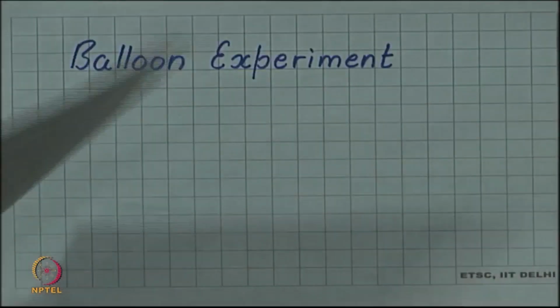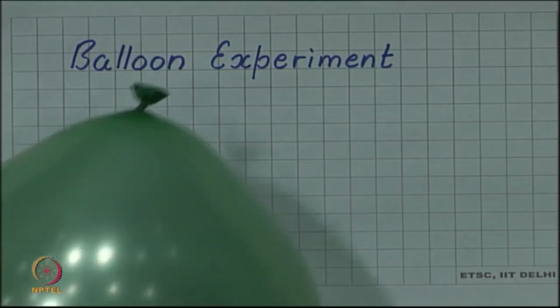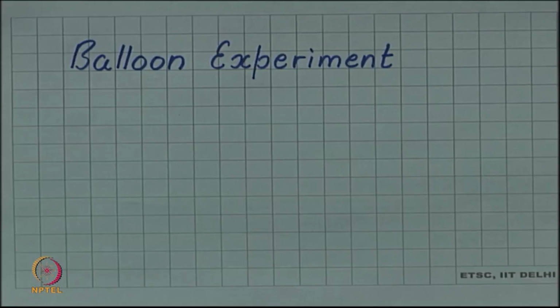Now let us do an experiment, the balloon experiment. We will experiment with this balloon, a very simple experiment which, as children, all of you have done. So, I take this balloon and I take this pin and I try to puncture this balloon. You all know what you will expect.